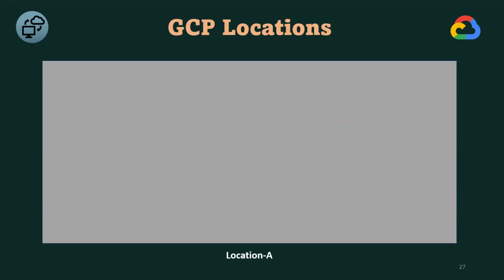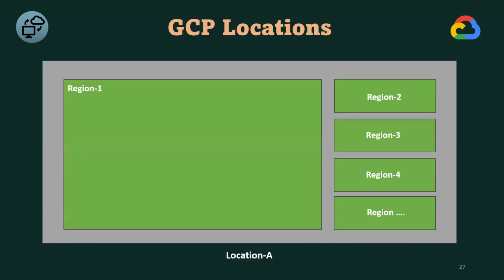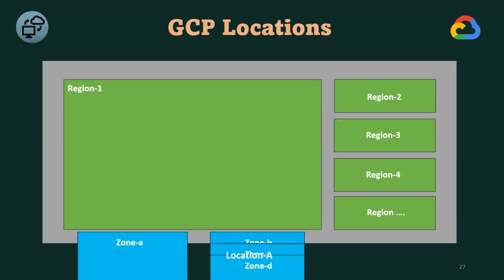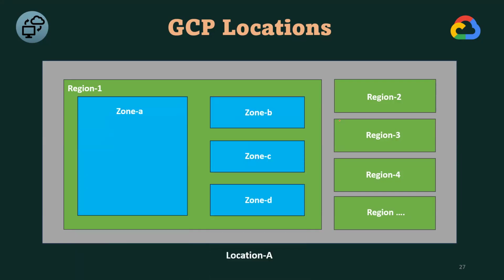A location is a collection of regions: Region 1, Region 2, Region 3, Region 4, and so on. Each region is a collection of zones: Zone 1, Zone 2, Zone C, Zone D. Each zone is connected to another zone via a high bandwidth network. As I told you, zones have the data center. So this is what a data center is.